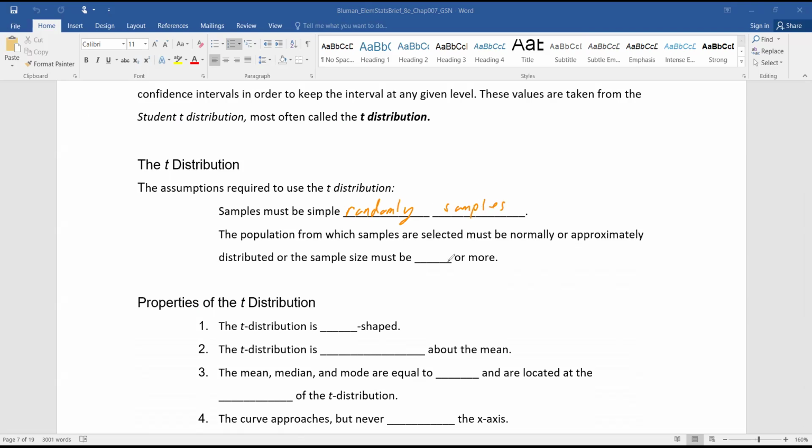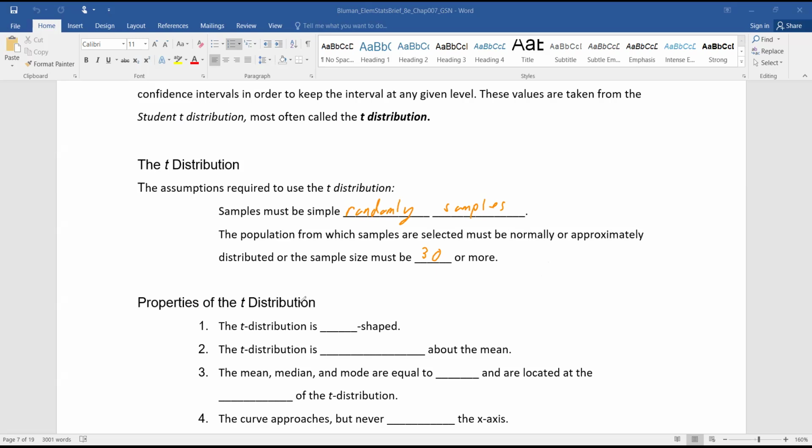The population from which samples are selected must be normally or approximately normally distributed, or the sample size must be 30 or more. Remember, if it's less than 30, we need to know it's approximately normally distributed, or if it's over 30, it doesn't matter if it's normally distributed.